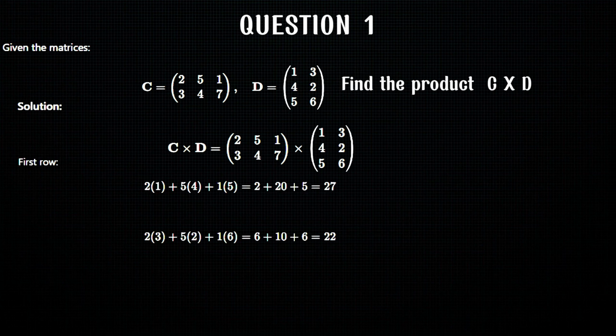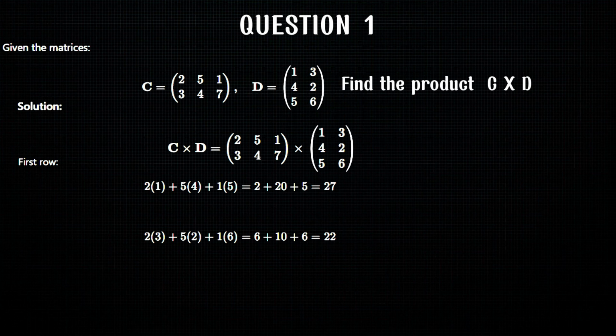So for the first row of matrix C, you'll be having 2 times 1. That means the first element of the first row multiplied by the first element of the first column of matrix D. Then you add these elements together in respect to their positions. So for the first row, we have 2 times 1 plus 5 times 4 plus 1 times 5.